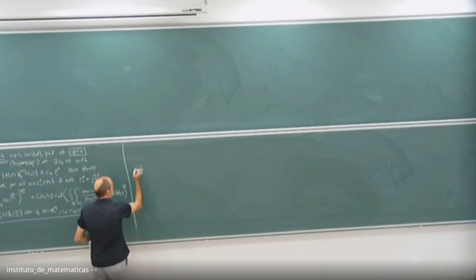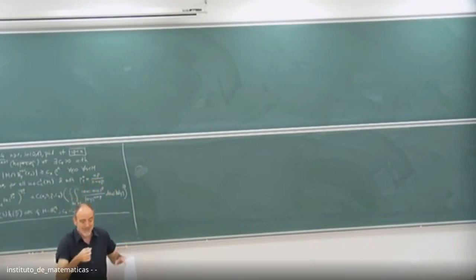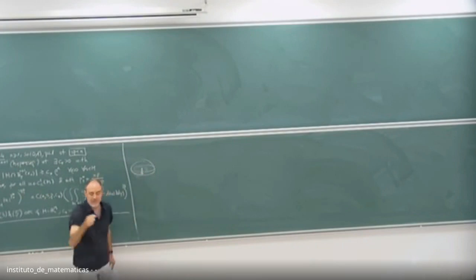The problem would be that it's very small. In dimension 2, maybe you don't see it, but in dimension 3, if you have a very thin cigar like this, correct?